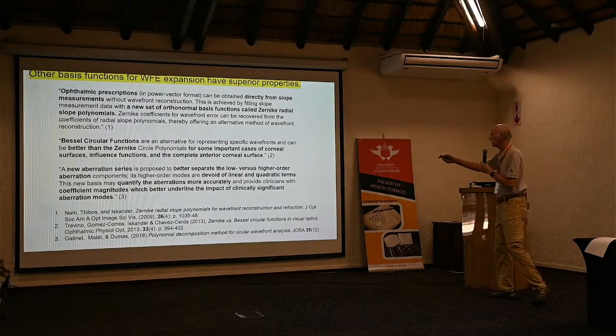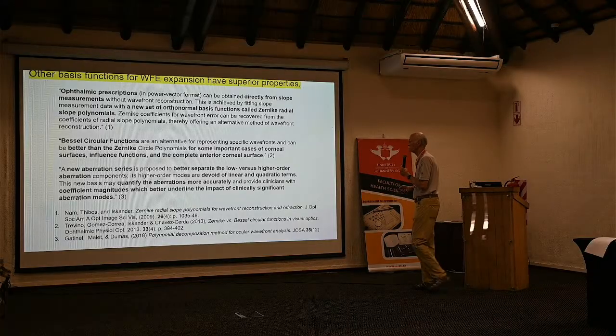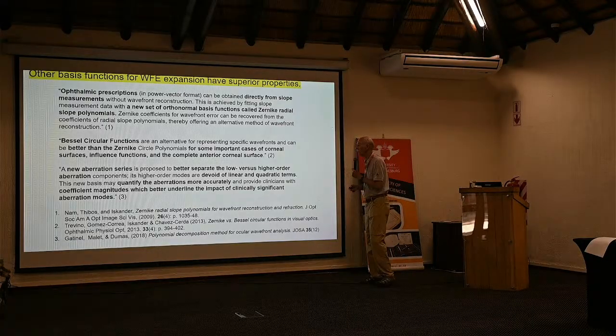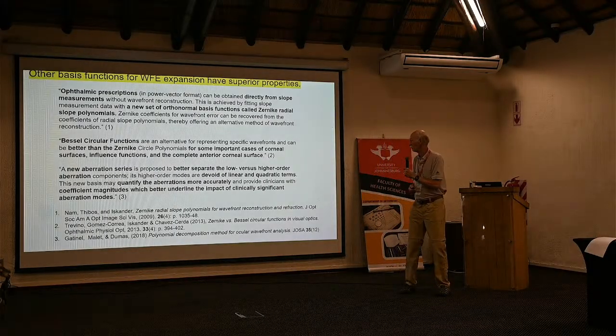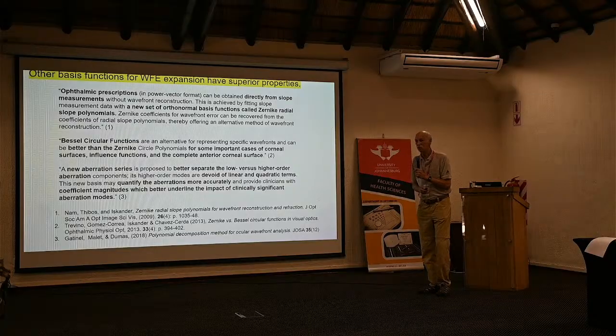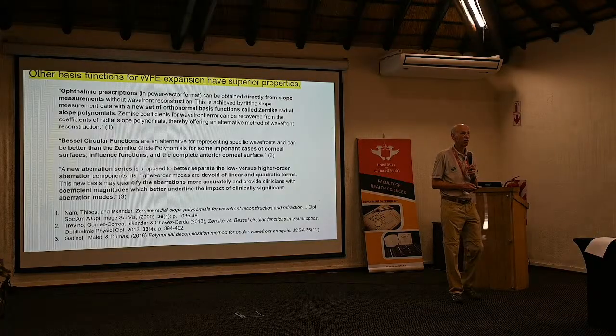And a third example, a new aberration series. This is Damien Gatinel, who has been to many meetings before. He's not there today. A new aberration series is proposed to better separate low versus higher order aberrations, quantify aberrations more accurately, and be a better measure of the impact of clinically significant aberration modes.